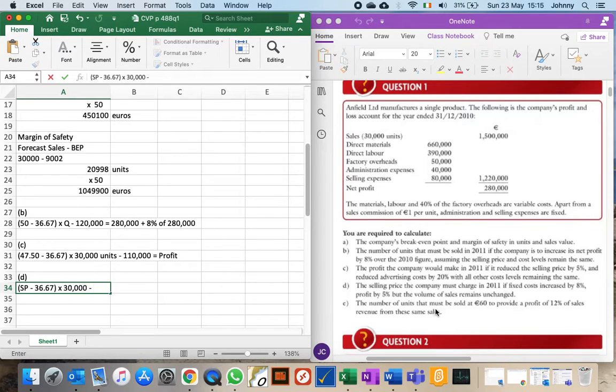Now fixed costs increased by 8%, so that's 8% compared to the 120 we originally had. So 120 grand plus, and I'm going to put this in brackets so there's no confusion here, 120 grand plus 8% of 120 grand.